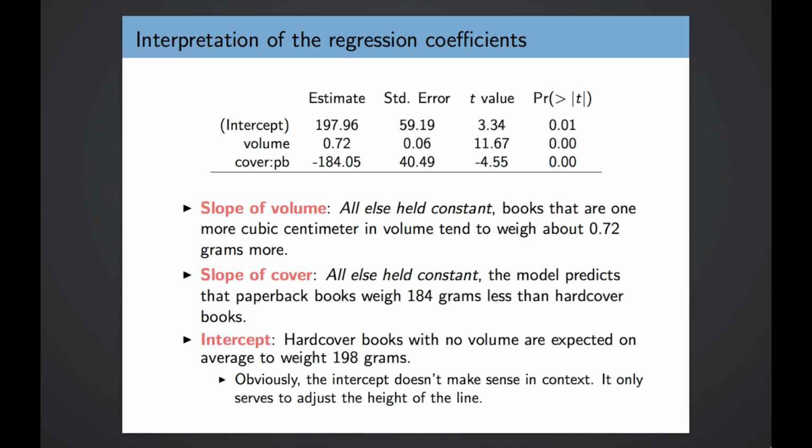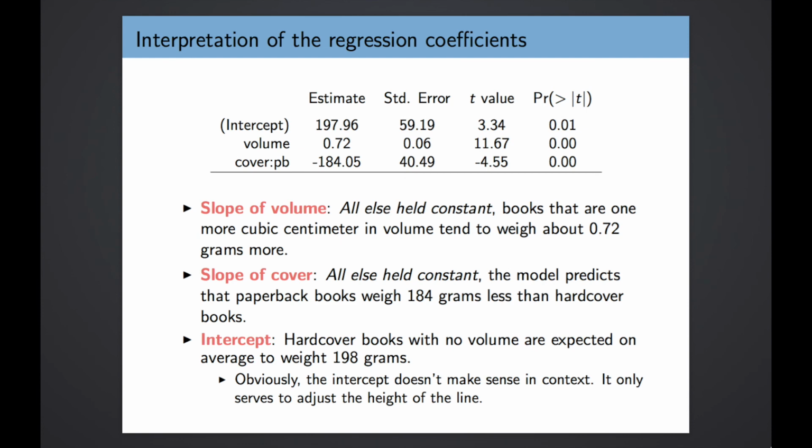When we have a multiple linear regression model, we need to add one more caveat to that, which is all else held constant. So all of the other variables in the model, in this case we only have one other independent variable, held constant, a 1 unit increase in volume is associated with a 0.72 gram increase in weight of the book.